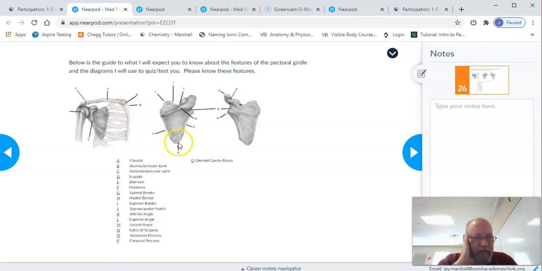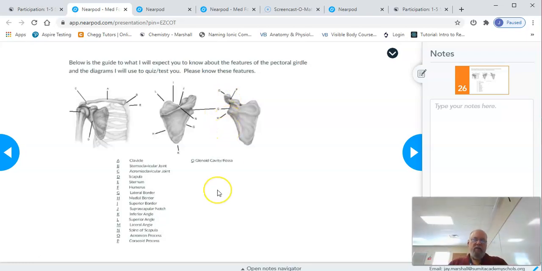I want you to know the inferior angle, the medial border, the lateral border, the spine, the posterior angle, the posterior surface, the superior angle, the superior surface, the suprascapular notch, the glenoid cavity itself, the acromion process, the coracoid process, and then the lateral angle as well.